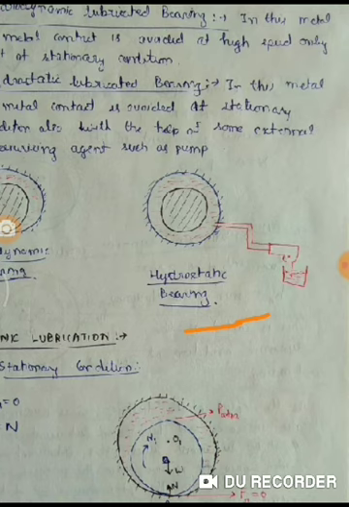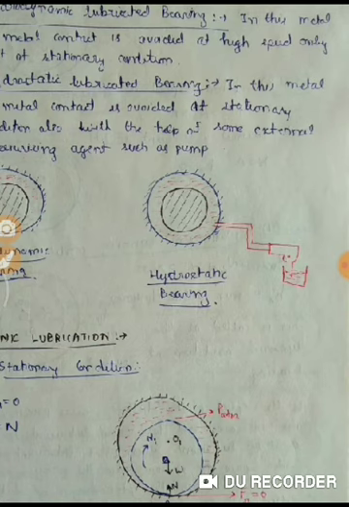This higher pressure lubricant is provided with the help of a pump. The pump always puts the lubricant at such a pressure that the shaft is always at some distance from the bearing.